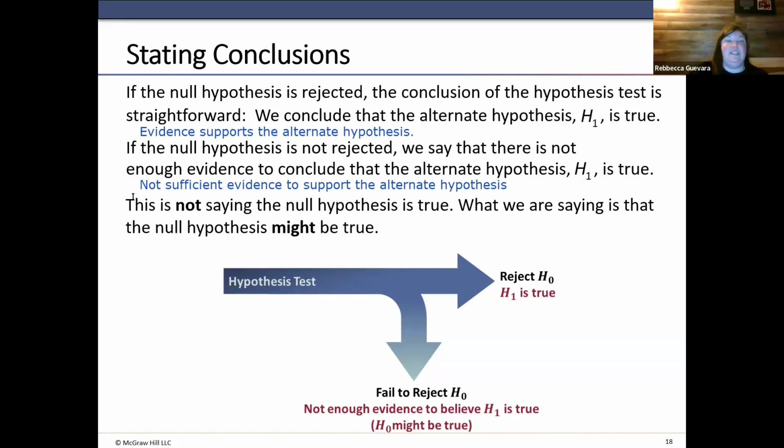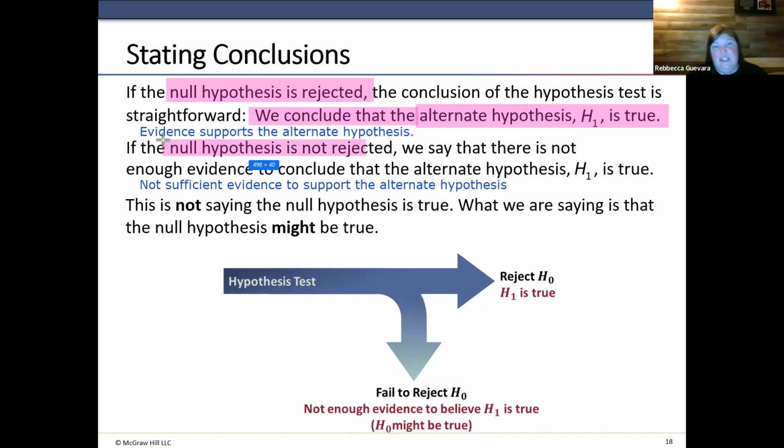Okay, so like I was saying, remember certain keywords here. Null hypothesis is rejected: alternative hypothesis is true.